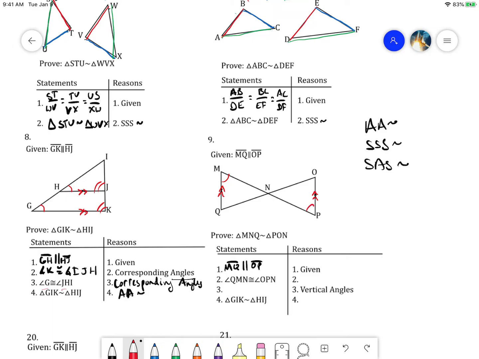Okay. Why is that true? Why is that true? What reason would those two angles be congruent for?